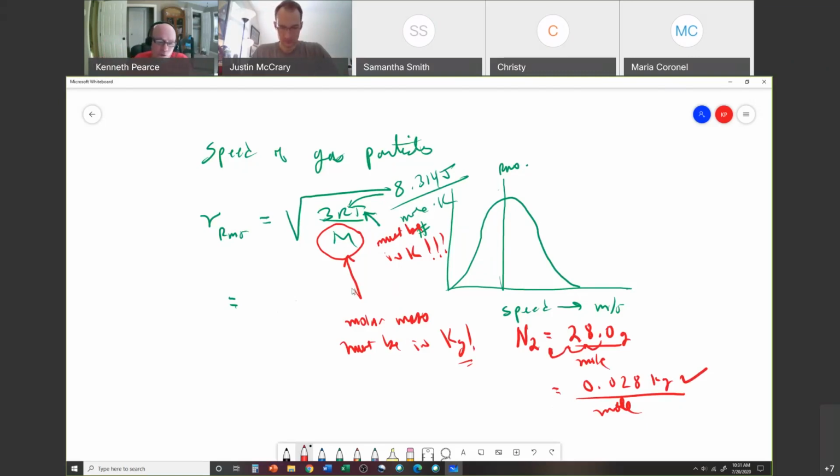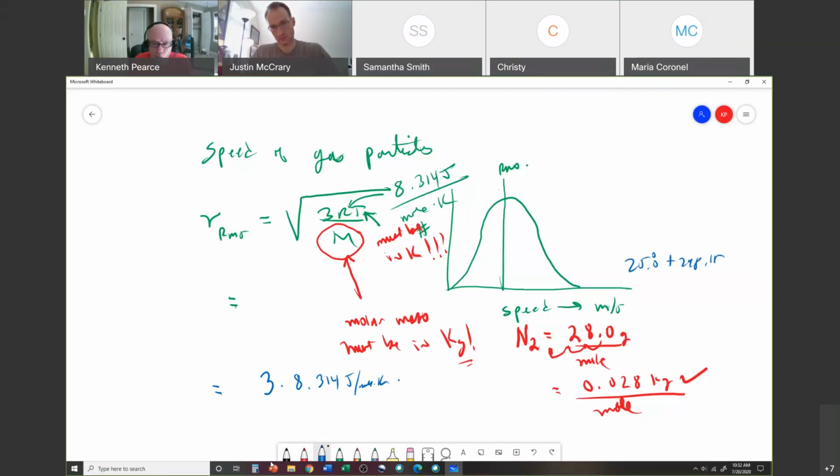So let's put this in here then. And so what do we have? We have 3 times 8.314 joules per mole kelvin, times temperature, let's say room temperature, 25.0 degrees Celsius.